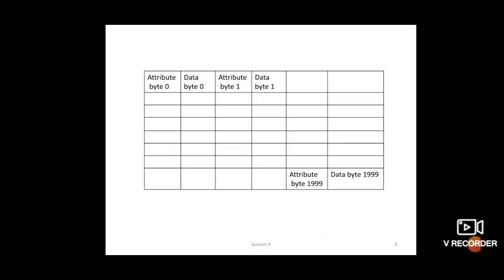Understood, student? See this diagram. First column is attribute byte, second is data byte, next attribute, data, like this up to 2000 bytes. Now this figure is for a graphics card.